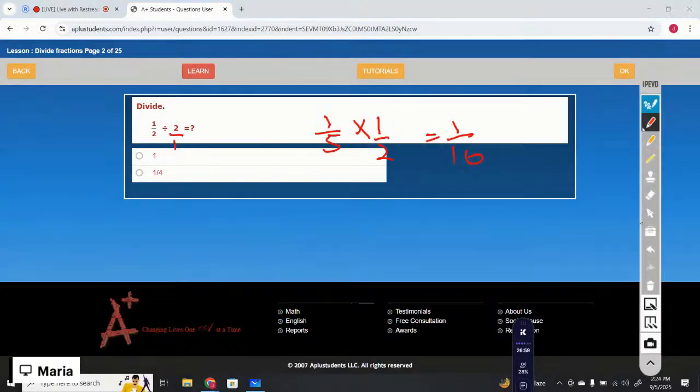That is 1 by 2 divided by 2. 1 by 2 multiplied by the reciprocal of 2 by 1, which is 1 by 2, right?